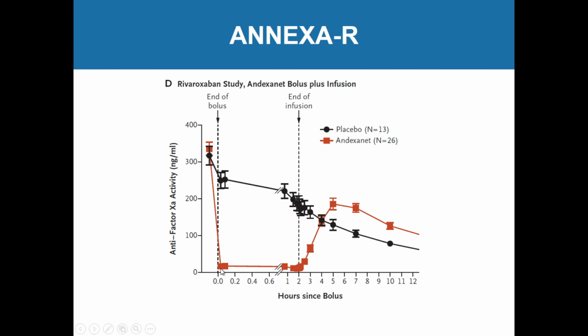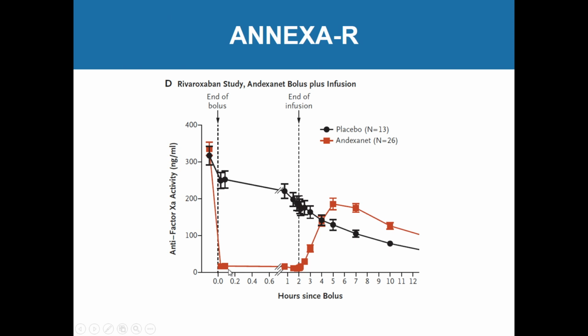However, what I do not show is that if patients received only the bolus, there was a rapid rebound in anticoagulant activity, so that a 2-hour continuous infusion of andexanet is required to suppress the anticoagulant effect of rivaroxaban.